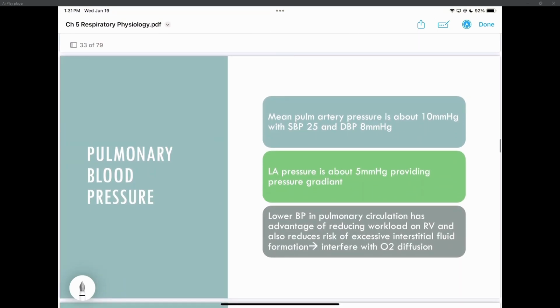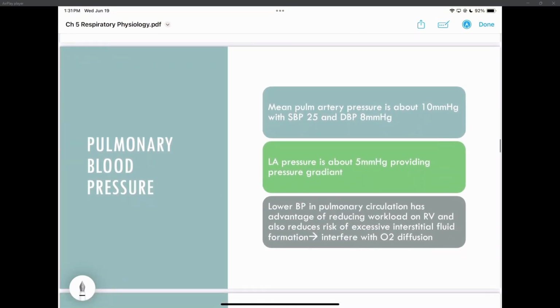Because we're dealing with the pulmonary system, we're going to be dealing with the right side of the heart now. The right ventricle pumps to the pulmonary system. So any changes that go on with the pulmonary system are going to be reflected in the right ventricle.